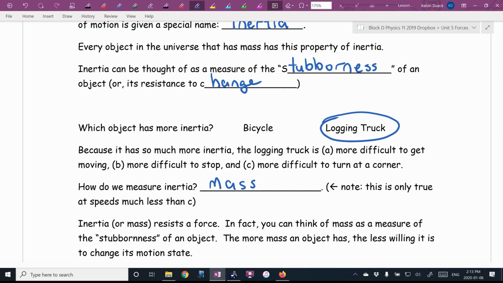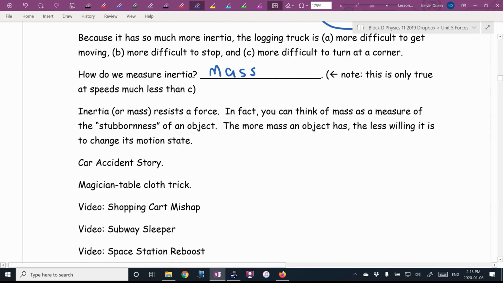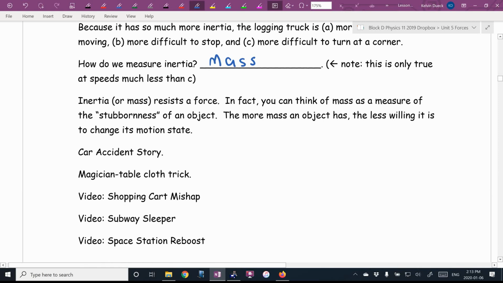But for all intents and purposes, we'll treat mass and inertia as though they're the same, and we'll be okay. Inertia, or mass, resists a force. In fact, you can think of mass as a measure of the stubbornness of an object. The more mass an object has, the less willing it is to change its motion state. Got a couple of cool stories for you, but sorry, they don't make it onto you.